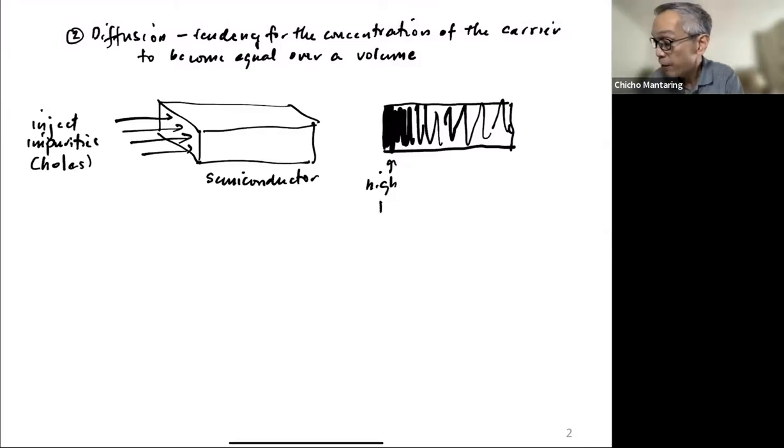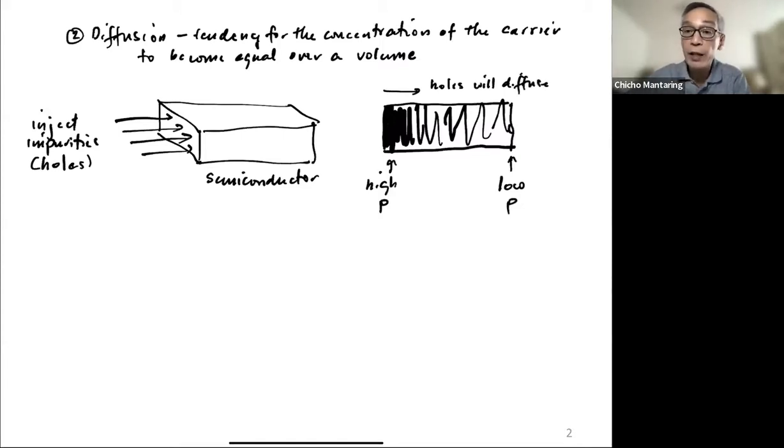Here you will have high P, and here you'll have a low value of P, where P is your concentration of holes. That is because the impurities will diffuse. The holes will diffuse toward the right. And eventually you're going to get a concentration gradient.